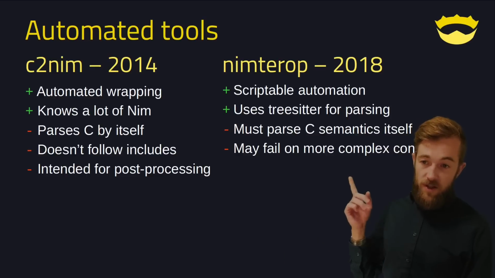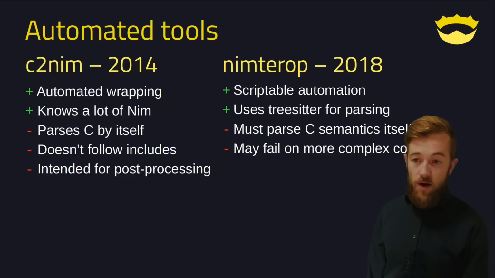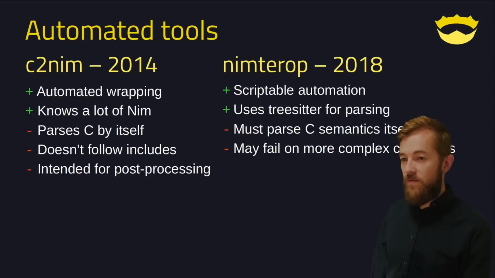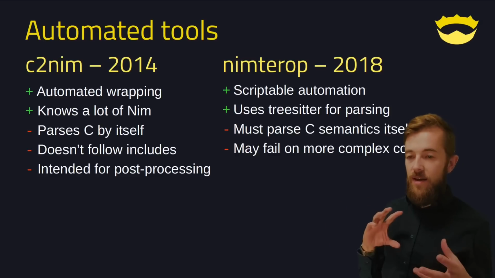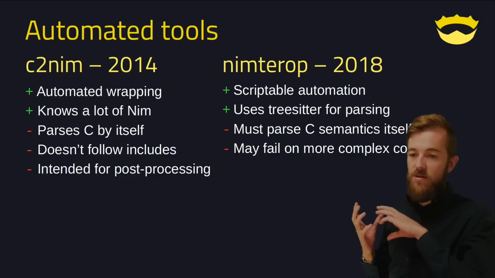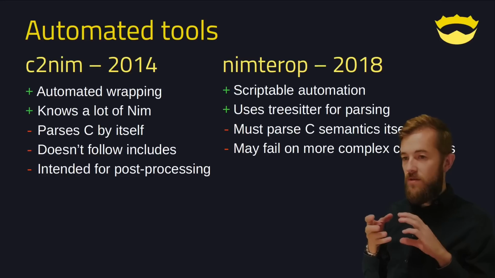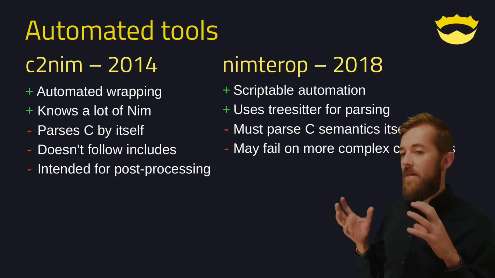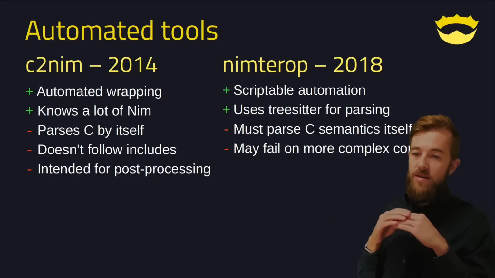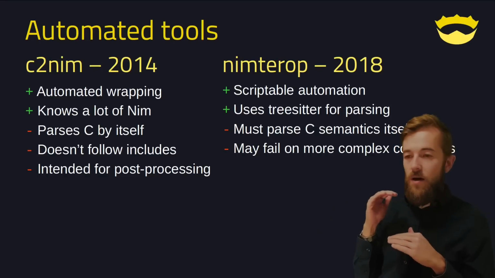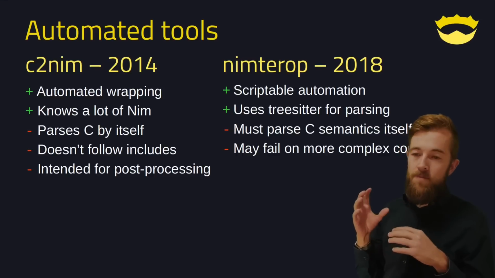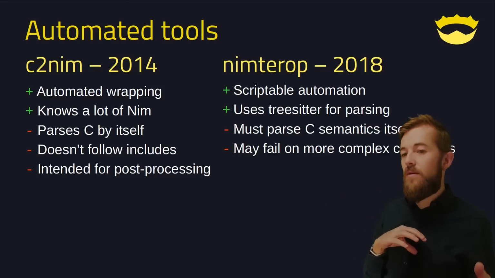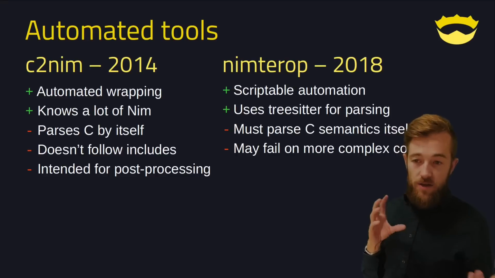So a couple of years later, someone wrote NimConf. NimConf fixes this last part with scriptable automation. The idea here is that you write scripts that pre and post process the inputs and outputs, and that allows you to write more of a recipe on how to wrap the project, and then you just run the recipe whenever the project updates.